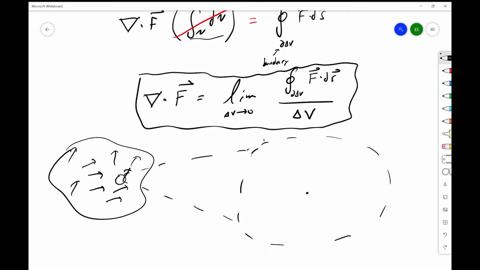So in a similar manner, as we zoom in to a really small region of space, the field vectors at every point become more uniform. The vectors become more parallel, they become more equal. But there is an infinitesimal difference between them as you move in the space.